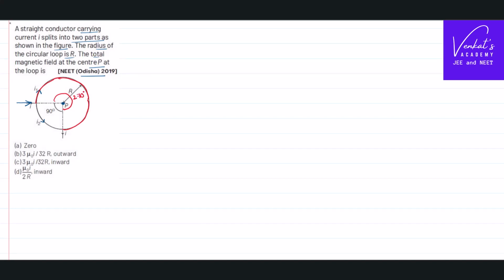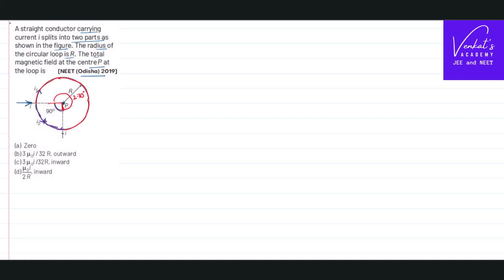Is it not? This is all together a 360 degree angle. 360 is divided into 4 parts, out of which 90 is gone, so 360 minus 90 is 270. Through that a current I1 is passing, and if you look at the other part, through this there is another current I2 passing, where the angle is 90 degrees.